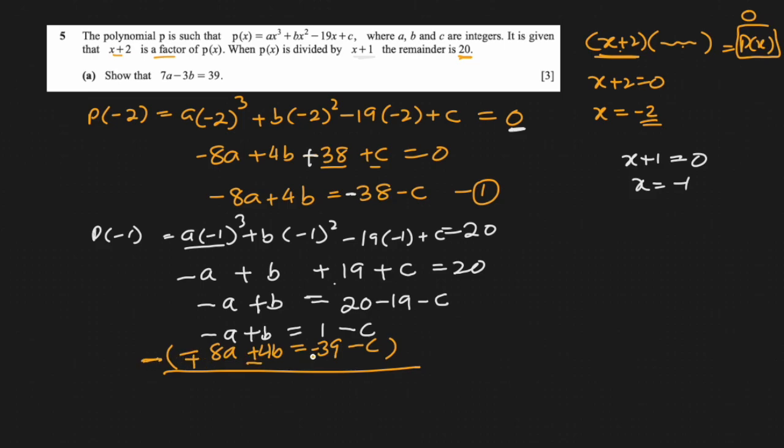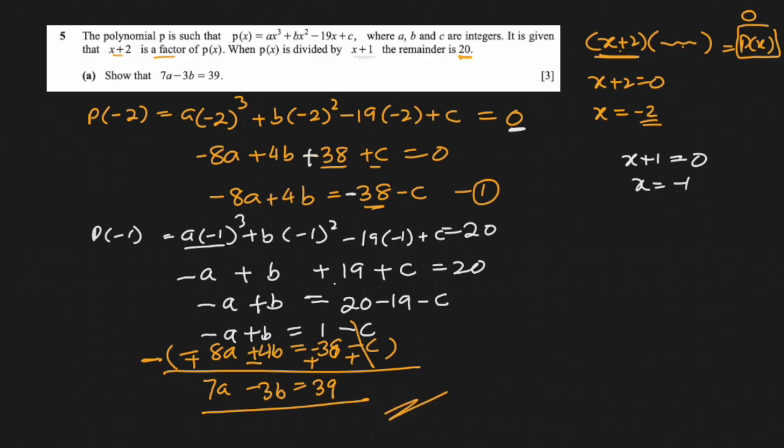This will become plus, this will become minus, this will become plus, this will become plus. All right. So minus a plus 8a will be 7a. b minus 4b will be minus 3b. 1 plus 39, oh sorry, 38 it was, 39. And this will cancel out. We got what they wanted: 7a minus 3b equal to 39. I made a mistake of 38 here. I corrected that.